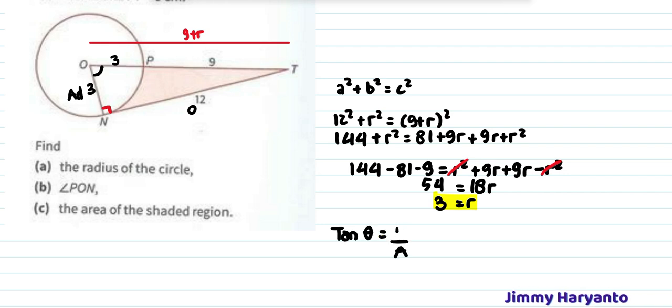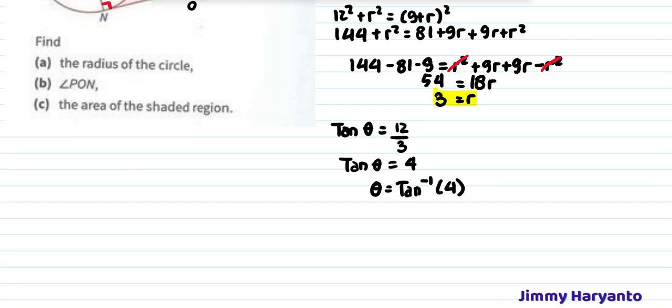The opposite is 12. The adjacent is 3. That means tangent theta equals 4. That also means theta equals tangent inverse of 4. Okay, so theta equals tangent inverse of 4. It's 75.96 degree.